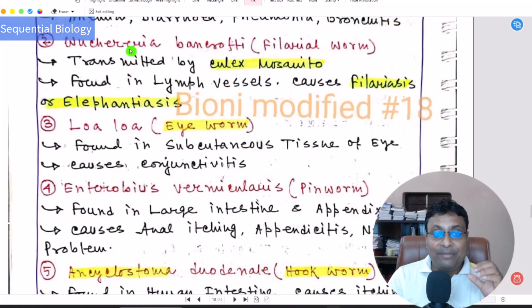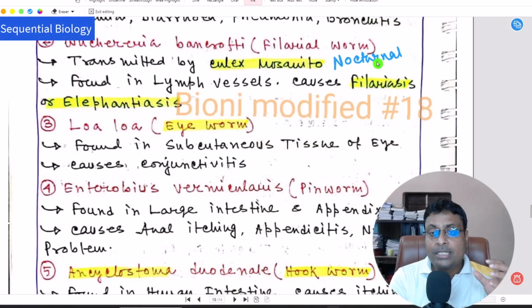And the next representative is Wuchereria bancrofti, which is also known as filarial worm. Their infective stage is microfilaria, and this microfilaria is transmitted by Culex mosquito. The microfilaria shows a very important characteristic feature, that is nocturnal periodicity. Usually they can be found in peripheral blood during night, which coincides with the nocturnal behavior of Culex mosquito.